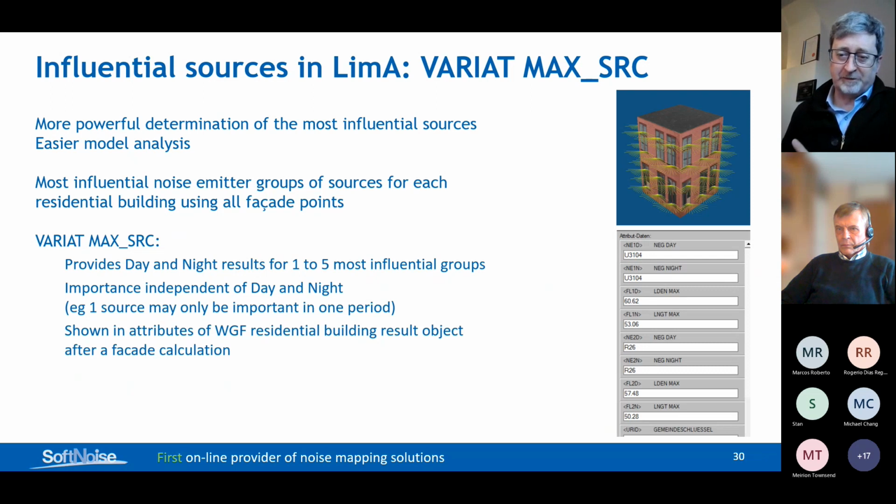So you can end up with a list of the 5 most important emitter groups for the daytime and the 5 most important emitter groups for nighttime around a single residential building. And this is shown in the attributes of the WGF residential building result object after you've done a facade calculation.